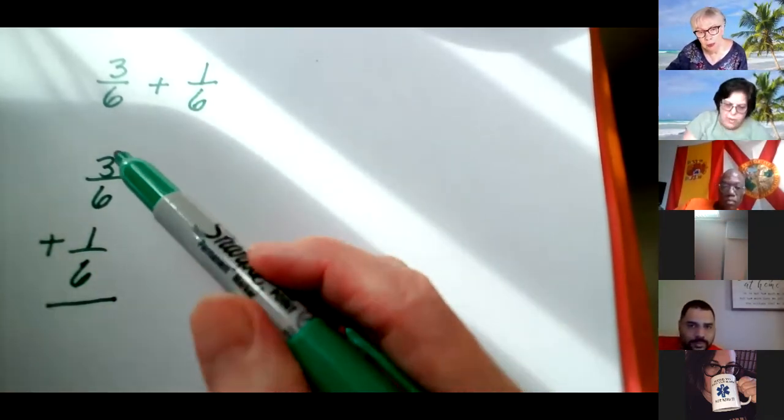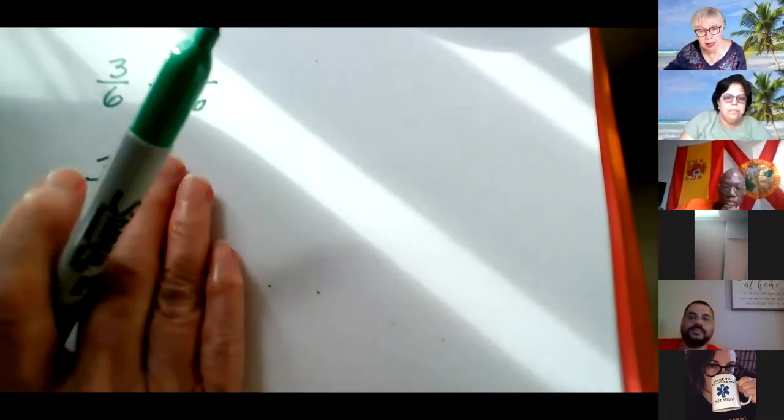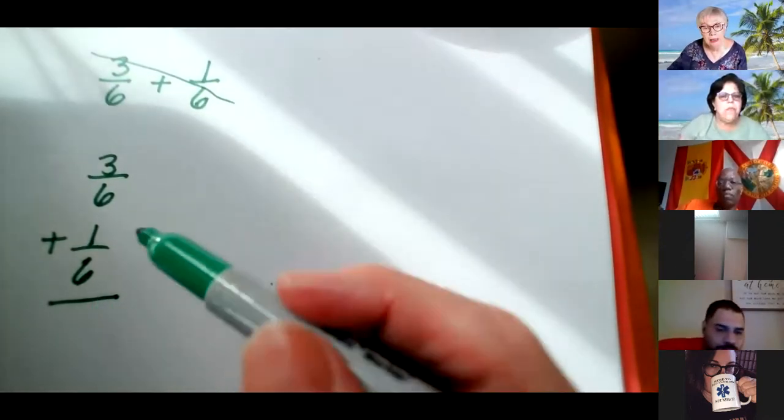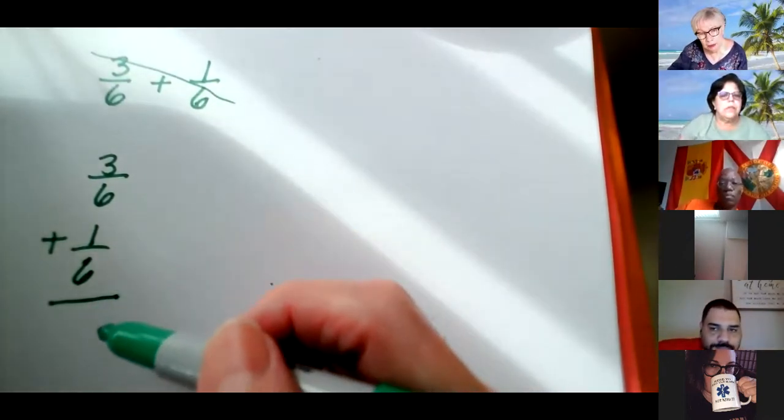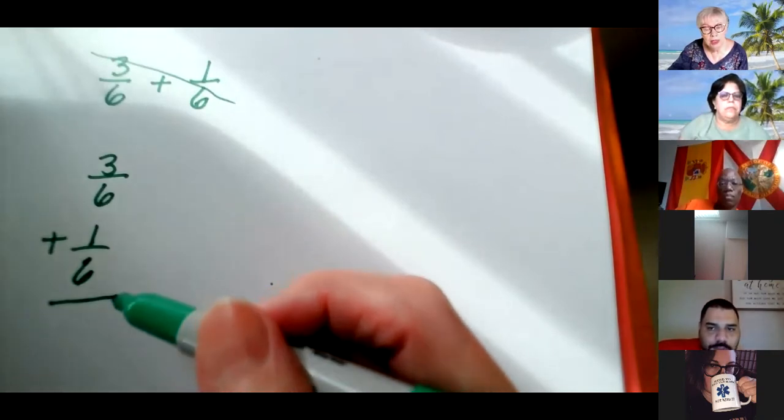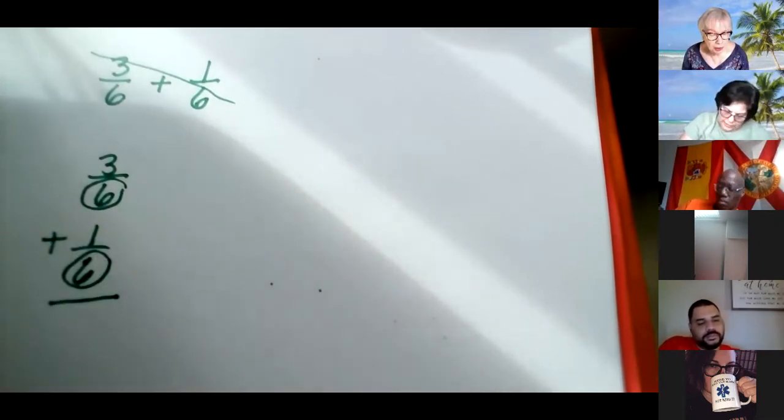This one you didn't, but I'm going to write all my problems vertically like this in case I have to expand it. And so there's nothing wrong with that approach this way, but I think this works out better for most students.